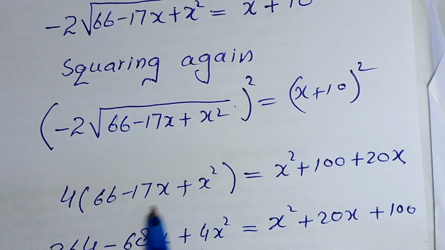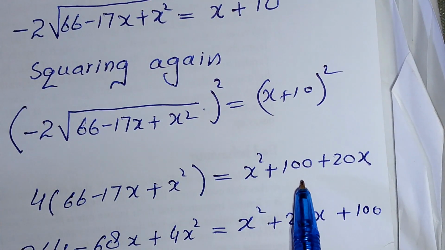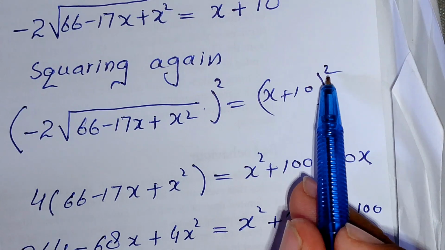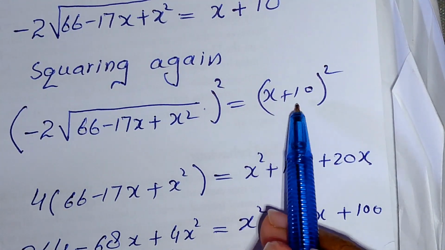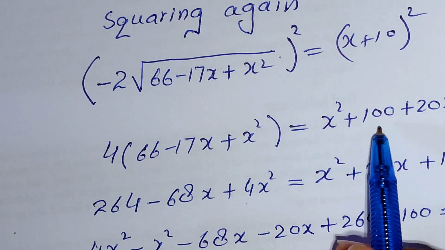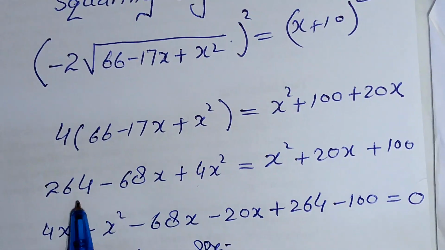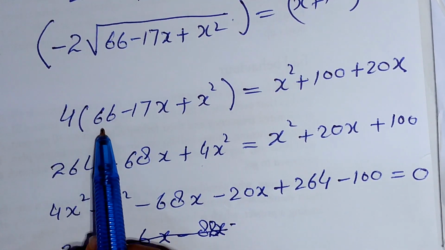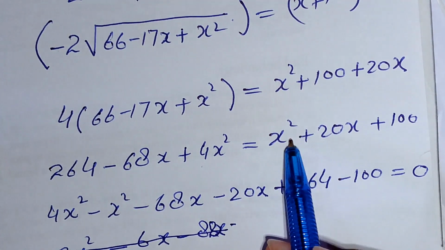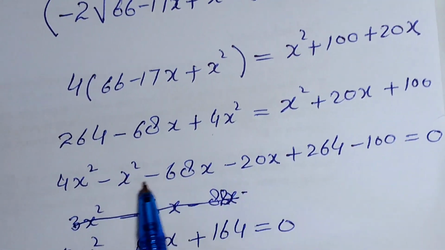This will be cancelled with this, and x square plus 100 plus 20x, we will use the formula a plus b whole square here, and we will expand this expression, so it will become x square plus 100 plus 20x. Again by multiplying this value here, we can write it like this, and x square plus 20x plus 100.